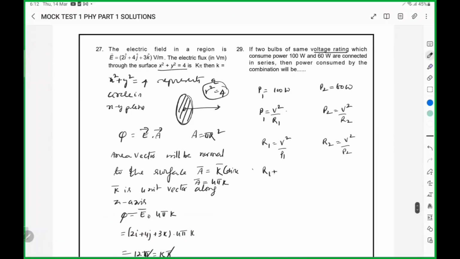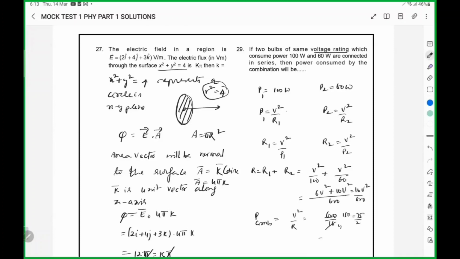So R1 plus R2 when they are connected in series, is 6V square plus 16V square by 6. So the power consumed by the combination is 600 by 16, which is 37.5 watt.